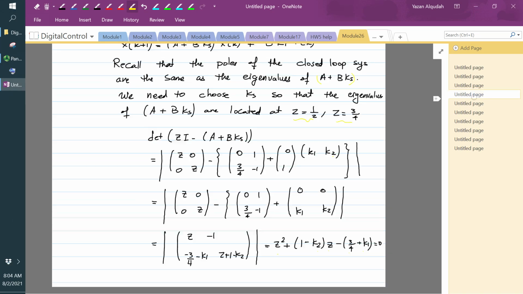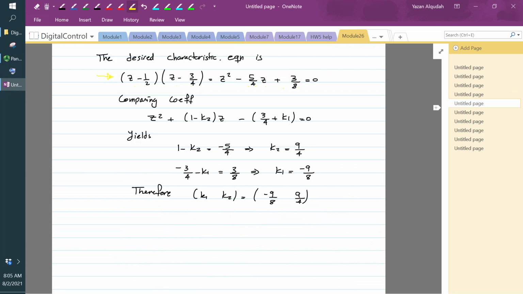Now what I currently have with k1 and k2, this is the characteristic equation. If I compare the terms, it means I want 1 minus k2 to equal negative 5/4, and I want negative 3/4 plus k1 to equal 3/8.